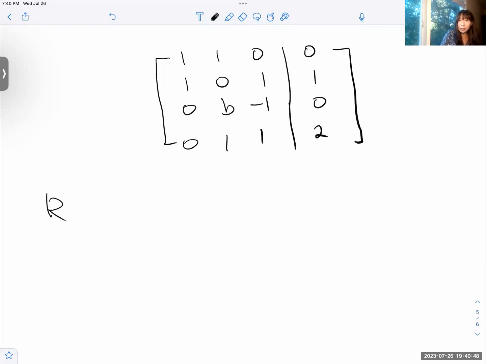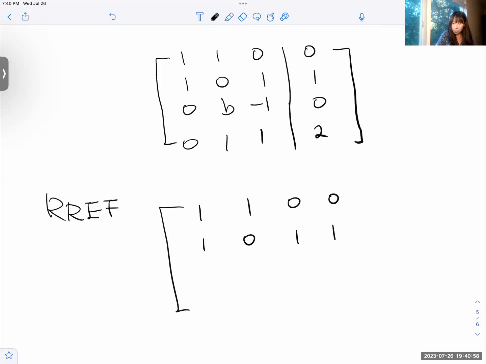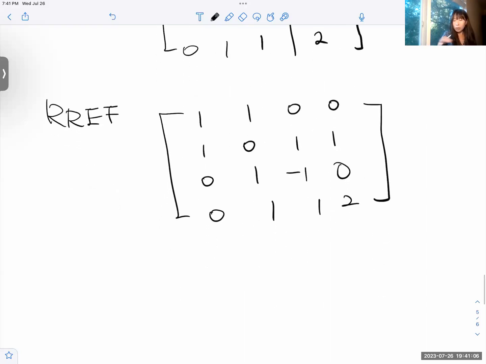Now the computer gives us the reduced row echelon form. Wow. So that is 1, 1, 0, 0, then 1, 0, 1, 1, and 0, 1, 1, 2. Okay, so looking at the last row, we have a false statement, just 1 is not equal to 2, right?